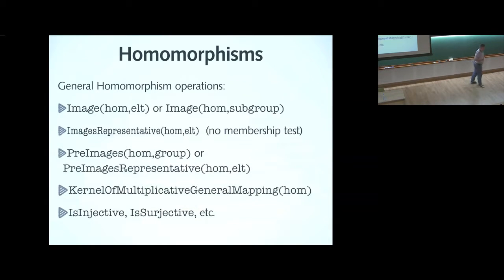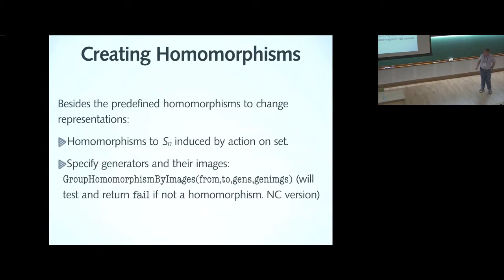For creating homomorphisms, how can we create them? We can create them by actions, homomorphisms to the symmetric group by acting on a set, and I'll start talking about actions in a moment. Or you can give a homomorphism by specifying generators and their images. So you would have a homomorphism from the group from to the group to. Gens is a generating set for from, and you give images for gens under that homomorphism.